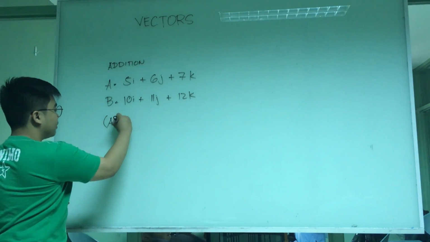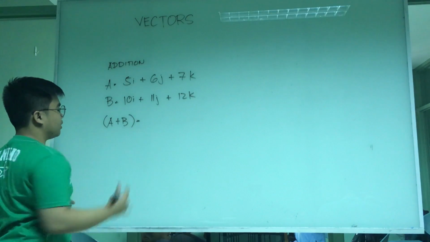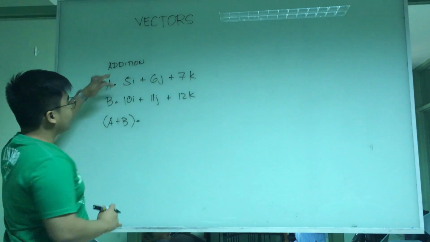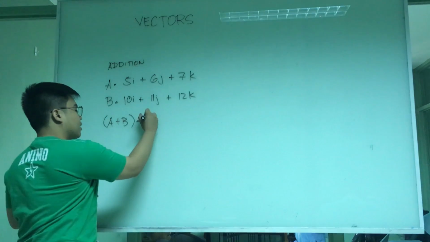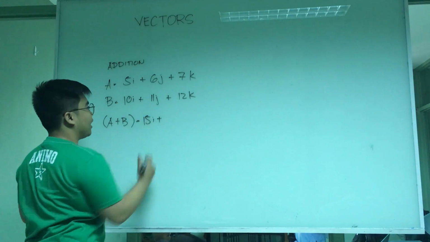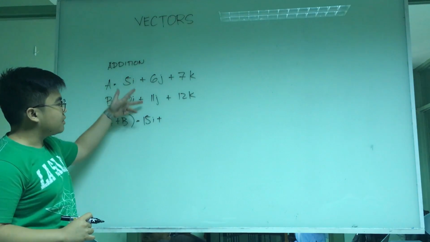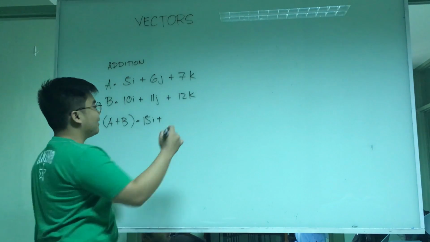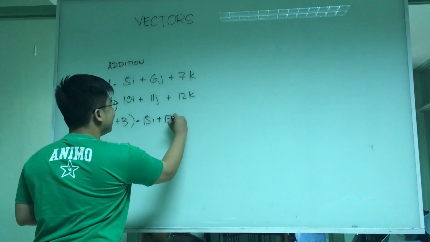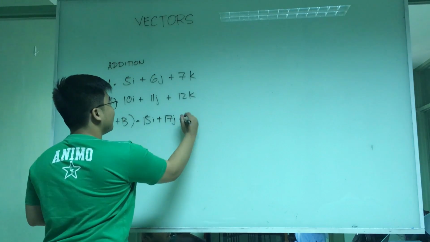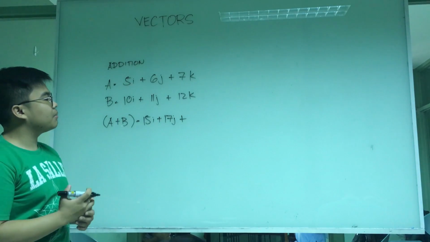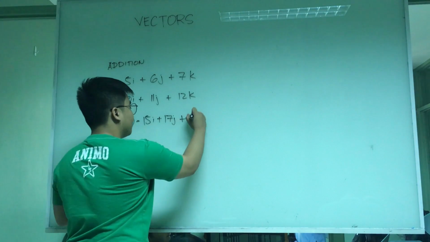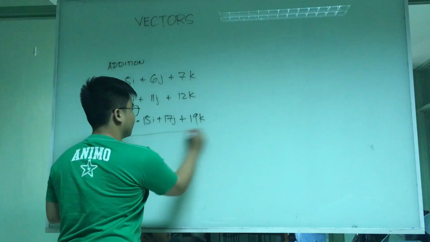It's going to be just a simple addition of like terms. So 5i plus 10i is equal to 15i. And now 6j plus 11j is equal to 17j. And lastly, 7k plus 12k is equal to 19k. And that's basically it.